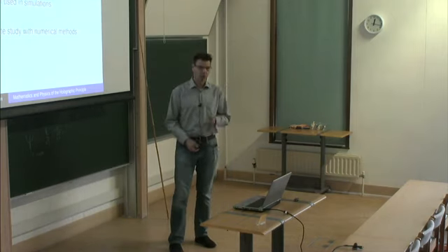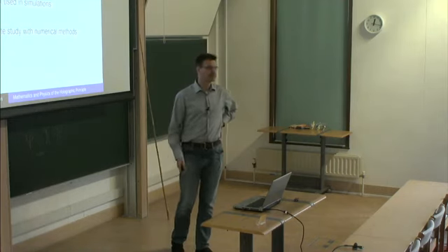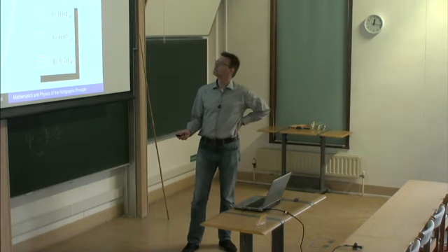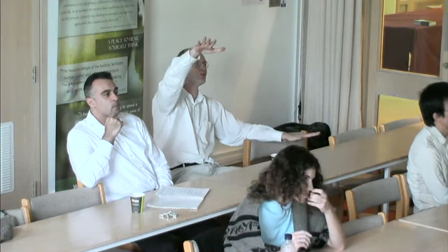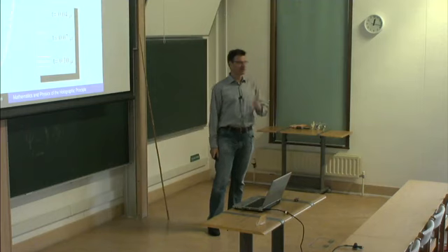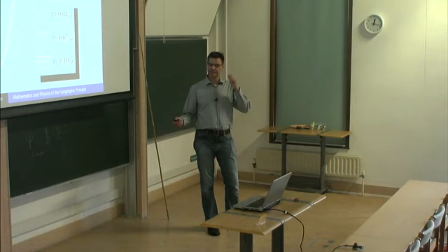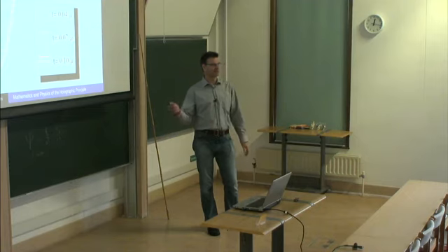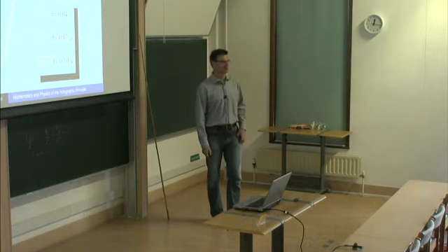Okay, any questions? Yeah. When you do these comparisons, it looks like the anisotropy grows with time, but eventually it should isotropize. Have you been able to follow it? Yeah, same thing that you would think. Of course, it has to isotropize at some point, but on the other hand, it's expected by the heavy ion people that this is what you would find, that first there's this growth of anisotropy.